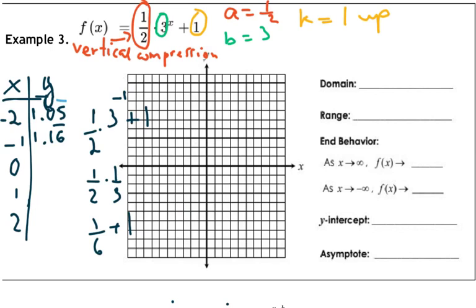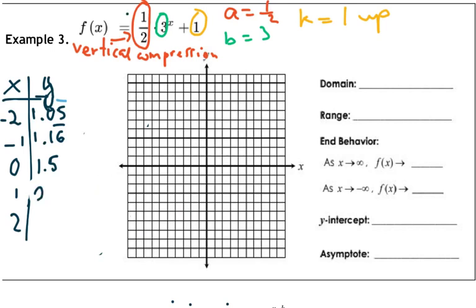When I plug in 0, that becomes 1, then 1/2 plus 1 is 1.5. When we plug in 1 instead of x, I have 3 times 1/2, which is 3/2, plus 1, so that is 2.5. And the next value is 2, so 3 to the second power is 9 times 1/2, it's 4.5. And when we add 1, it becomes 5.5.